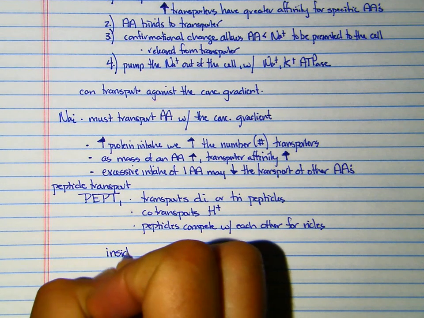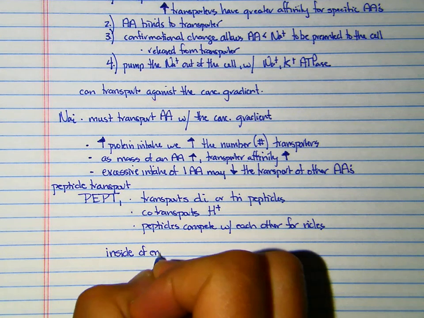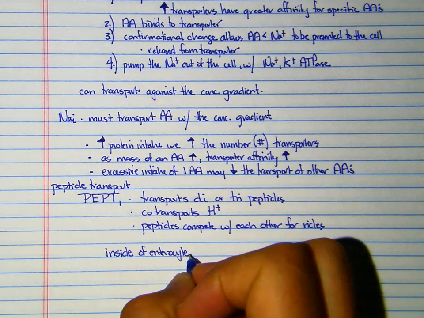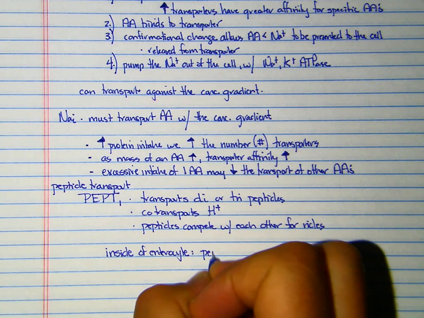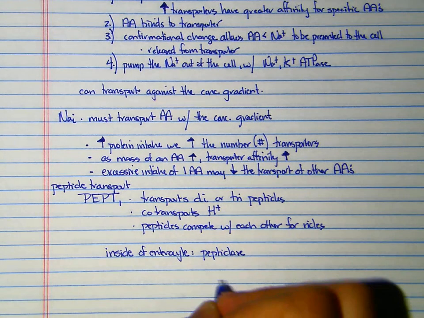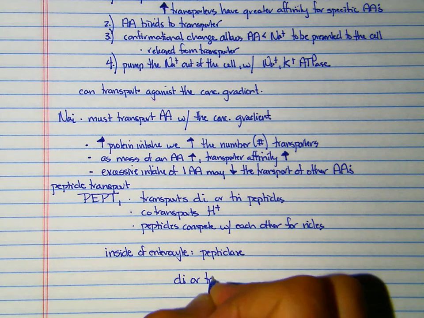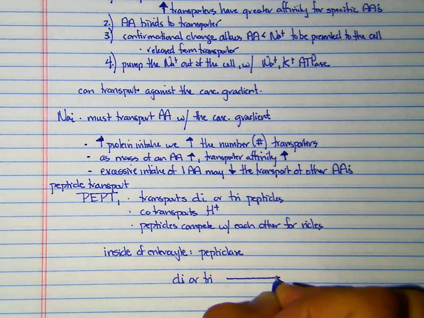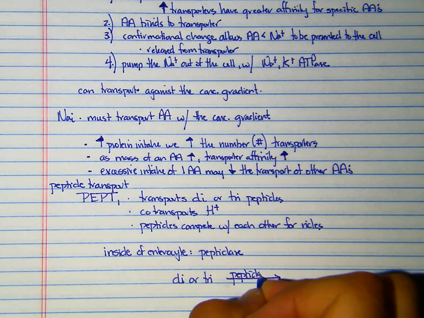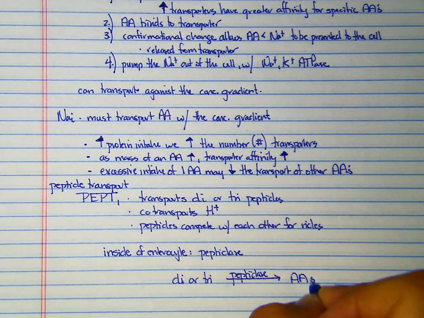Inside of the enterocyte, we have peptidase. What happens is we take a di or tripeptide, and the peptidase hydrolyzes those into amino acids.